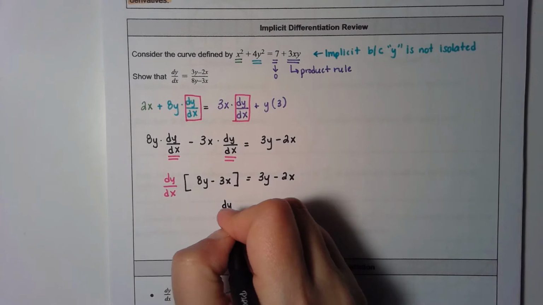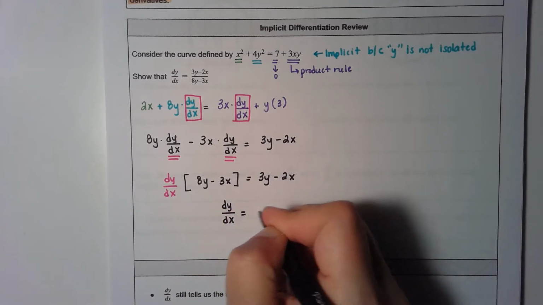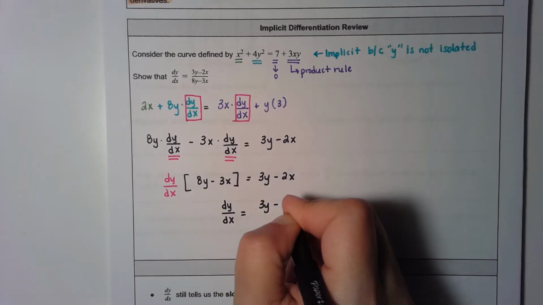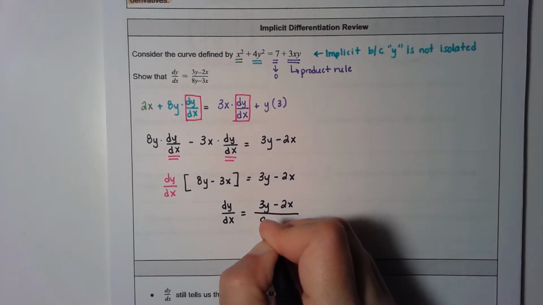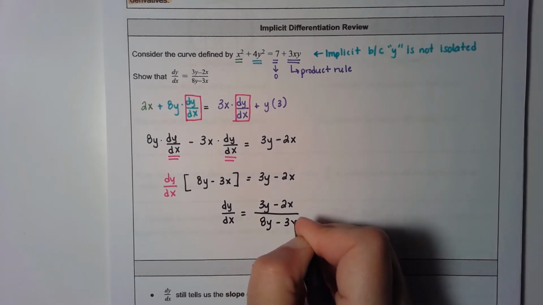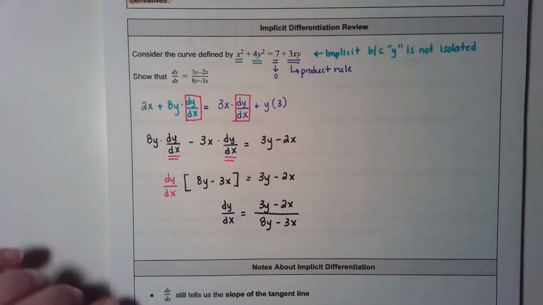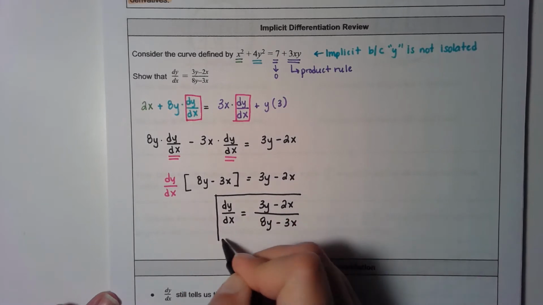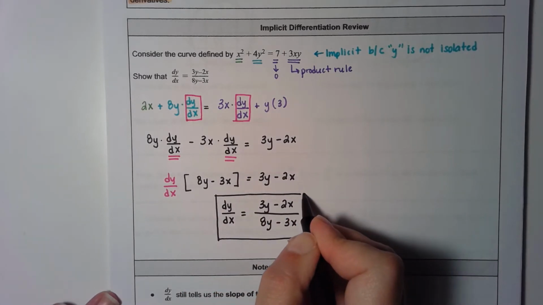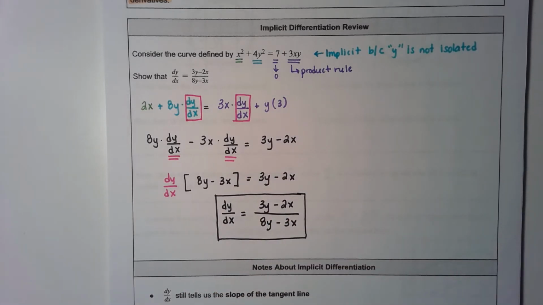So if we divide, we get dy over dx equals 3y minus 2x all over 8y minus 3x, which it turns out matches what we were supposed to show. And so we know we're done and we did it right. And that is our brief review of implicit differentiation.